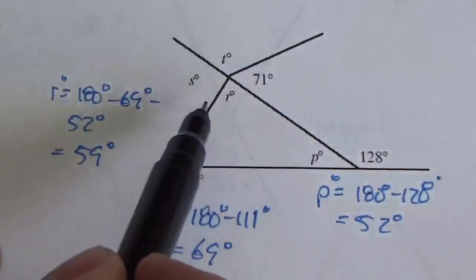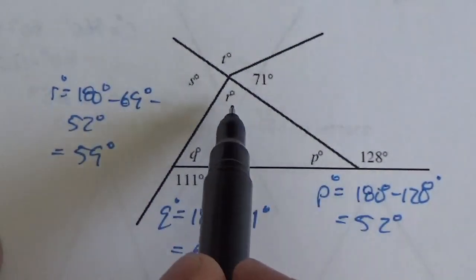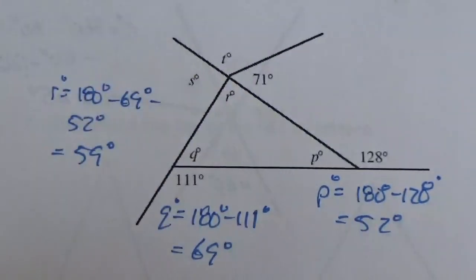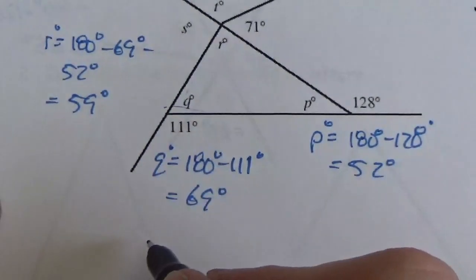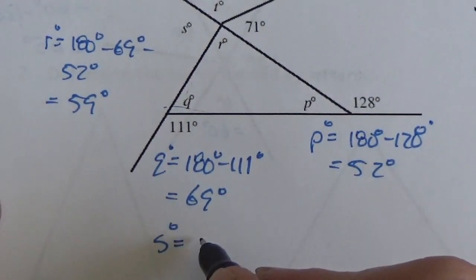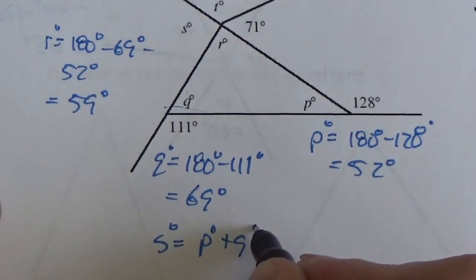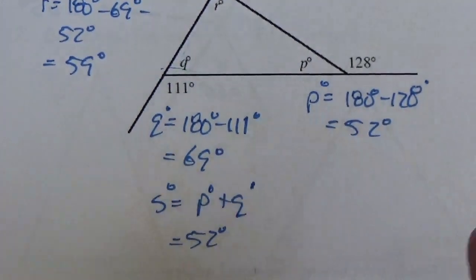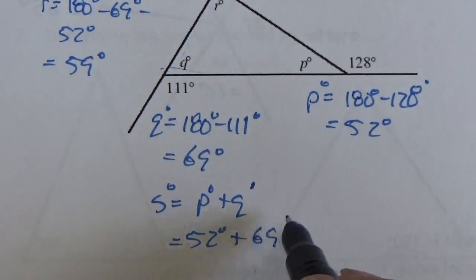Now, I'll do it this way. Because S is an exterior angle of this triangle, I know that it's going to be equal to the sum of P and Q. I know that S must be the sum of P degrees plus Q degrees. So that's going to be 52 degrees plus 69 degrees.